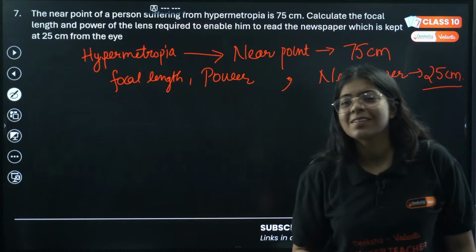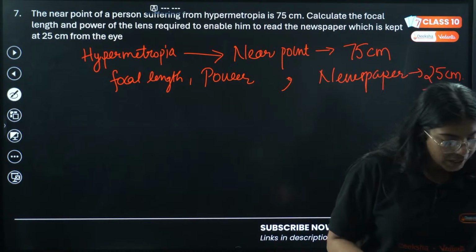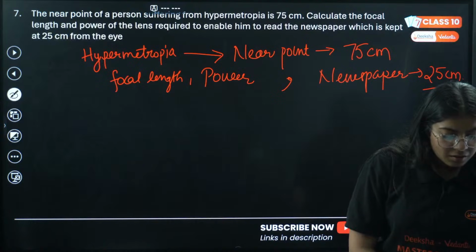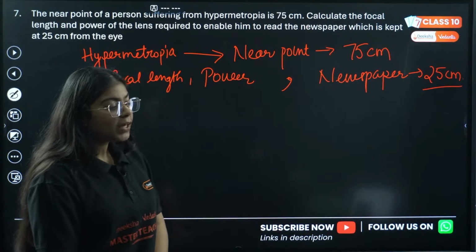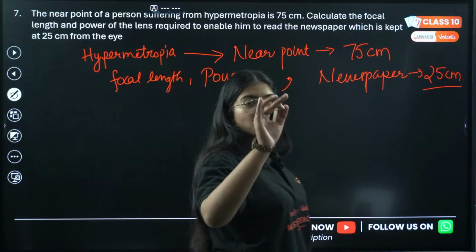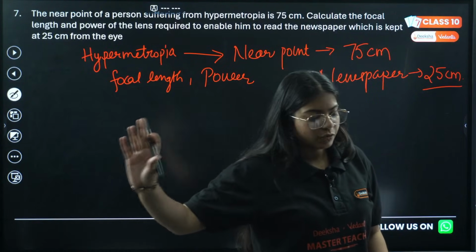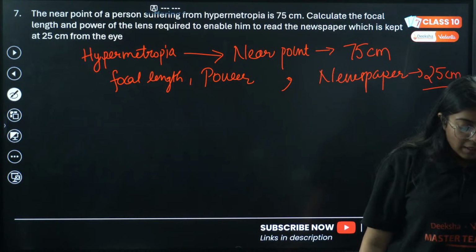Why are you giving 75 centimeter answers? Why are you writing 75? Okay. We wrote this. Write in your live chat what is u equal to, 25 or 75, and v equal to 25 or 75. Write properly.